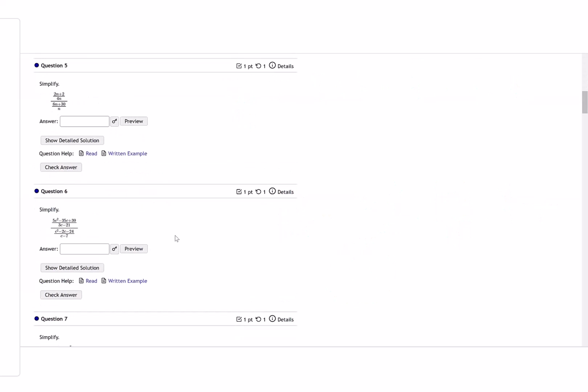Number 5, 2n plus 2 divided by 4n in our numerator over 6n plus 30 divided by n in our denominator.